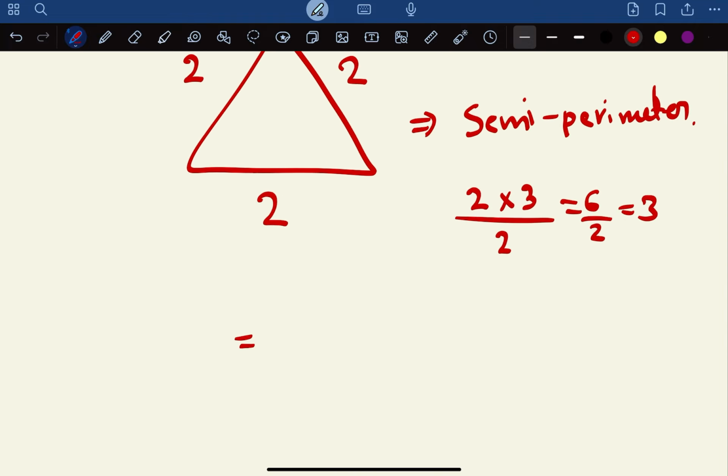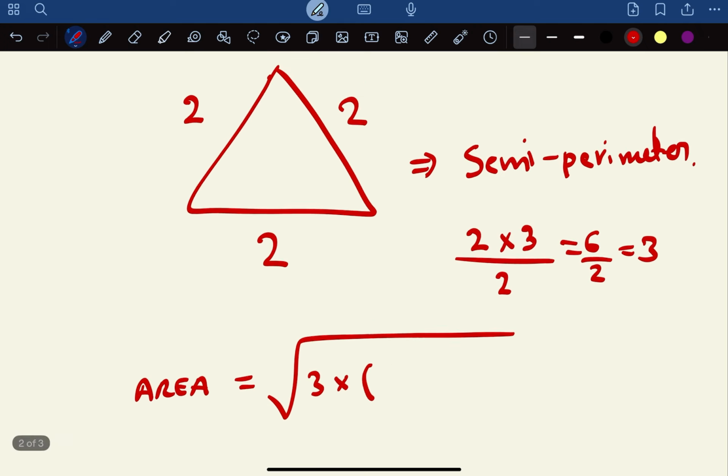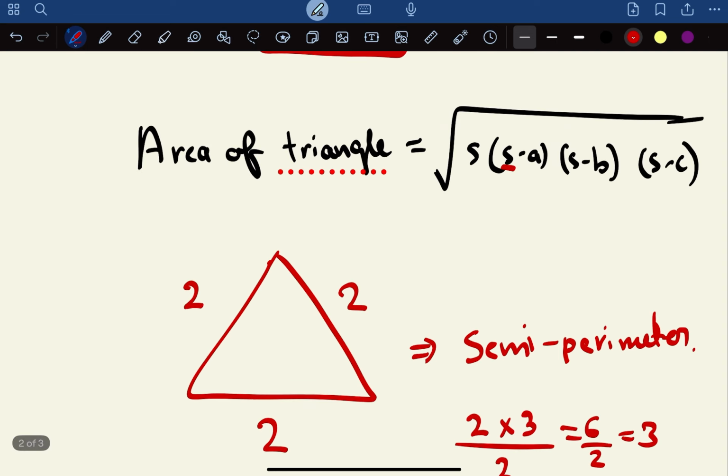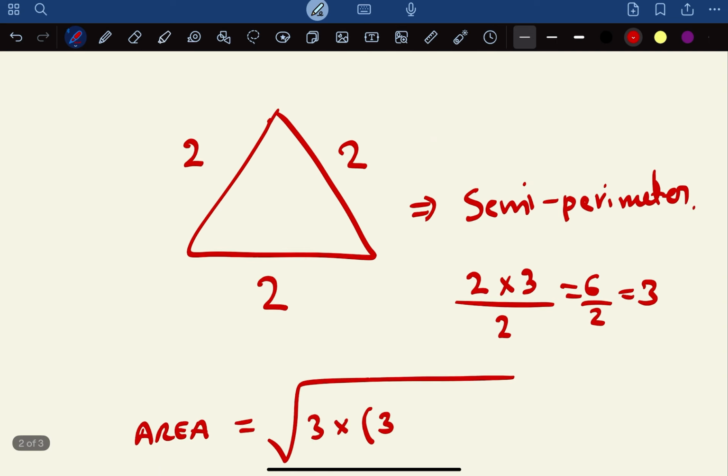So now the area is gonna be under root 3, which is our S, times 3 again, because that's a semi-perimeter. As I said, there's S minus A, so we've got our S down.